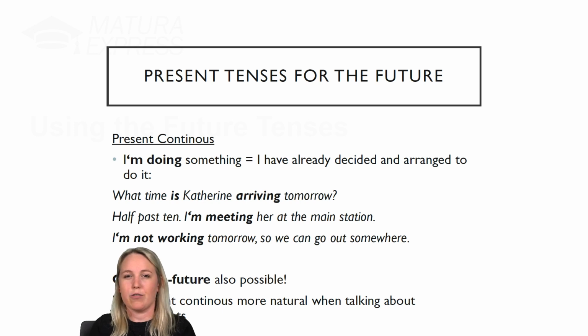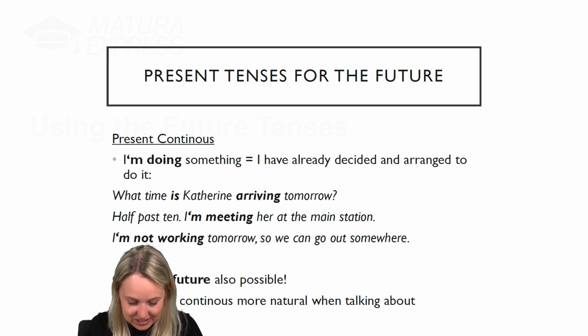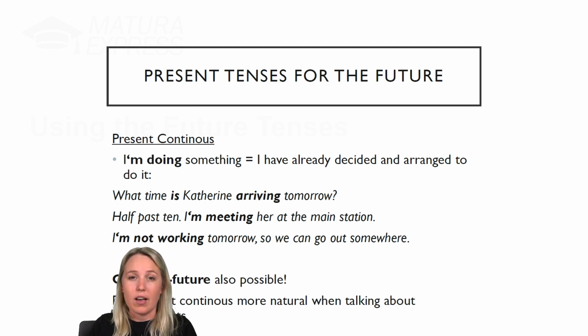I mean, it's kind of great that you can use different forms. So we have the going to future, which is also possible in these kind of situations. So for situations that are already decided and arranged, you can use, of course, the going to future.